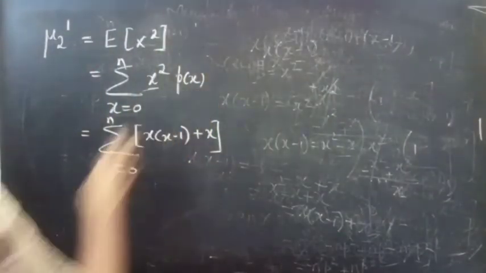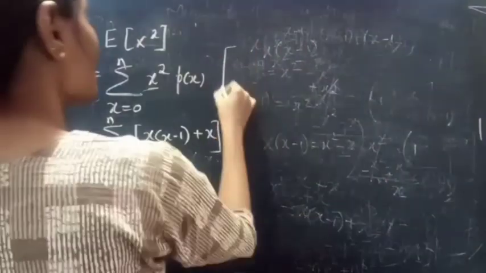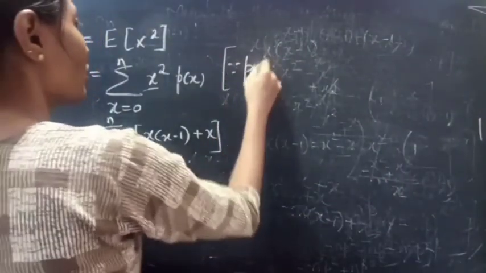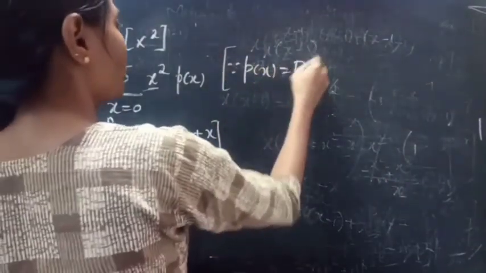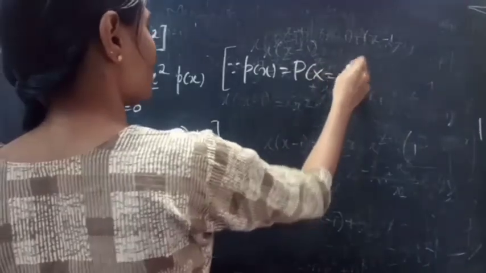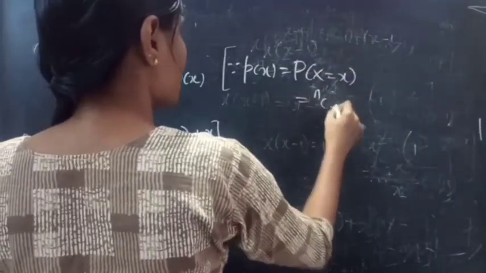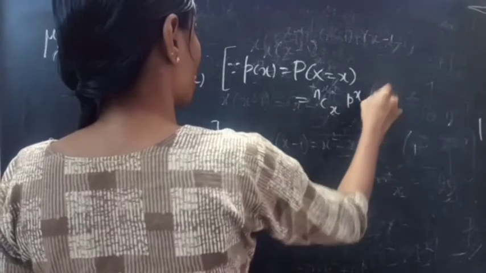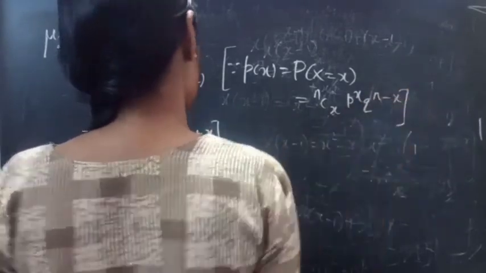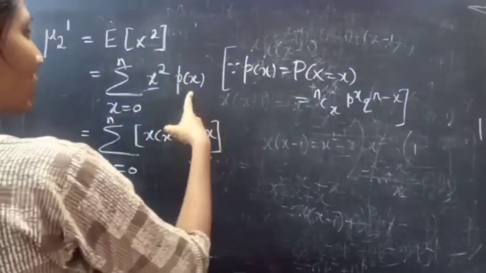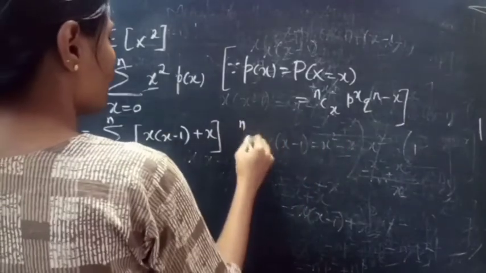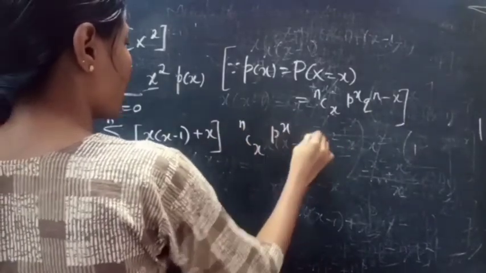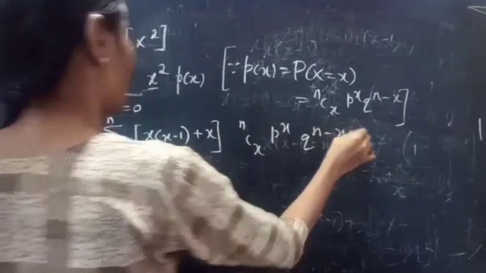So here p of x is a probability mass function. Since capital P of x equals ncx p power x q power n minus x, replace p of x with ncx p power x q power n minus x.